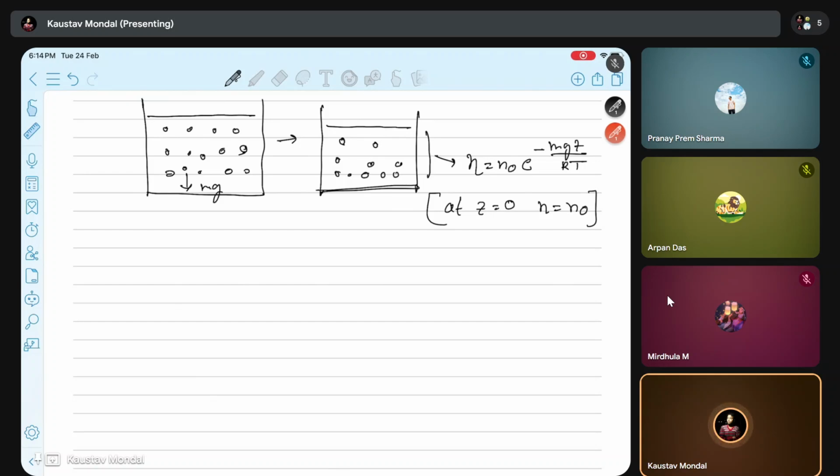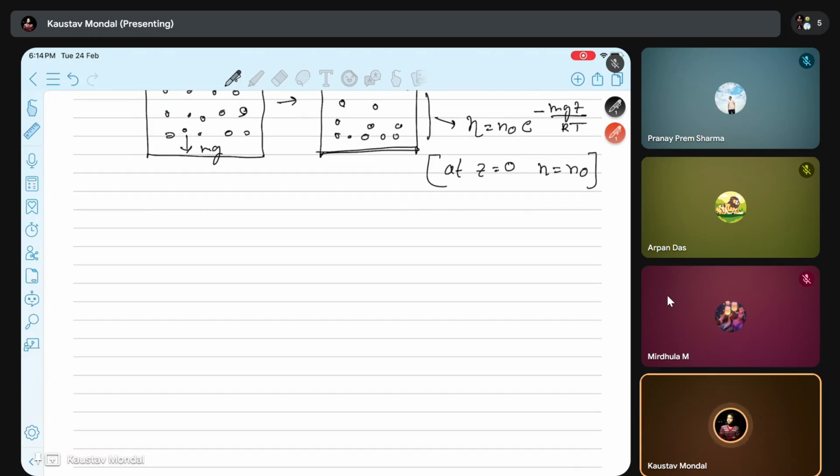Now from this relation, by doing this experiment, Perrin calculated the Avogadro number. Using this relation, by rearranging some terms, you can write the Avogadro number NA as 3RT by 4 pi r cubed into (rho minus rho solvent) into g, into the log of n0 by n.